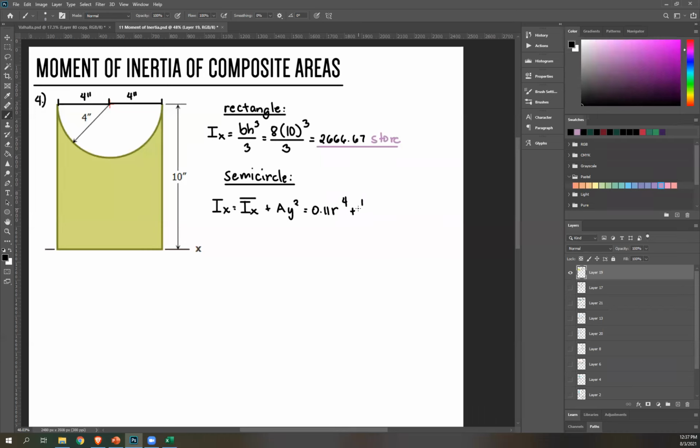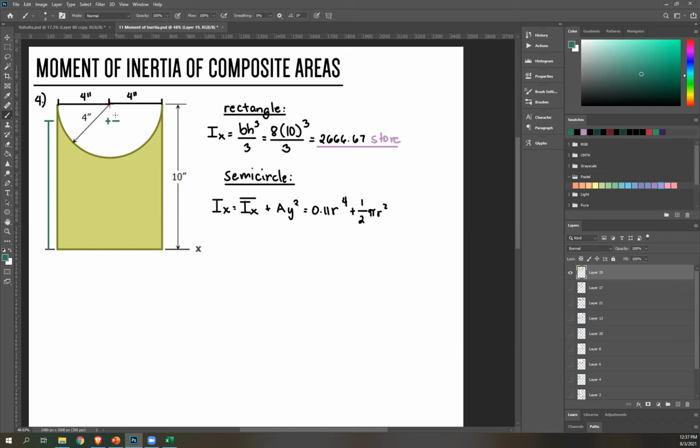Area of a semicircle is just 1/2 pi r squared. And then we're looking for this y. The centroid of the semicircle is somewhere here, and I want to get that distance to the x-axis. We don't have an equation for this point to this point, right?